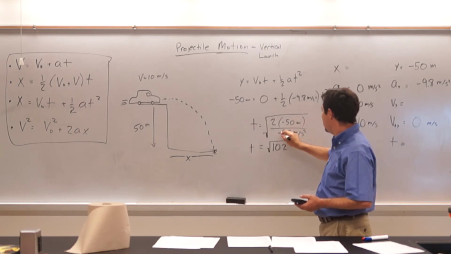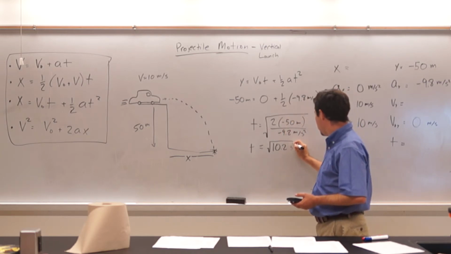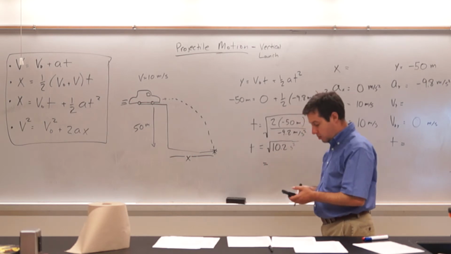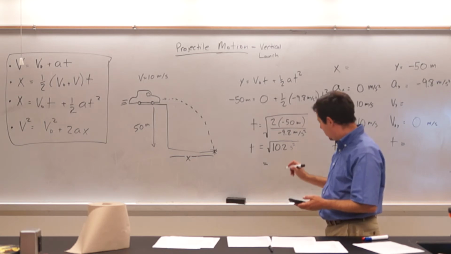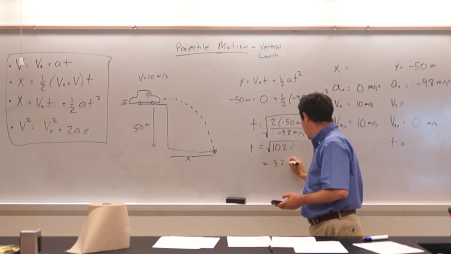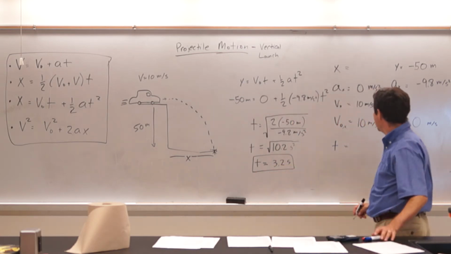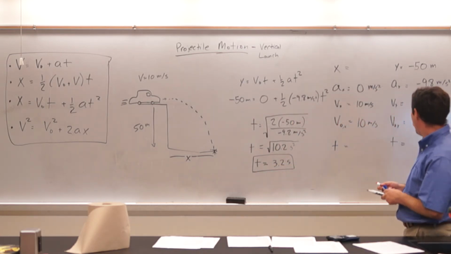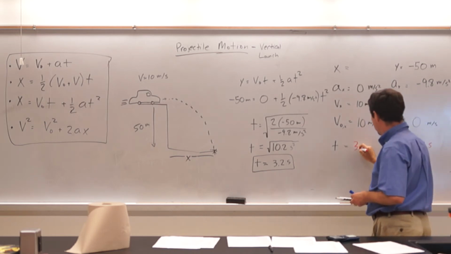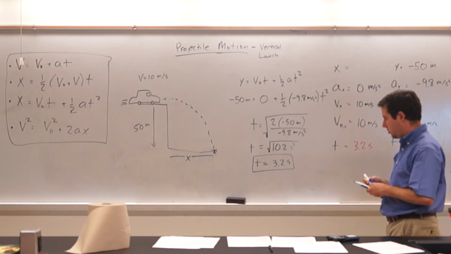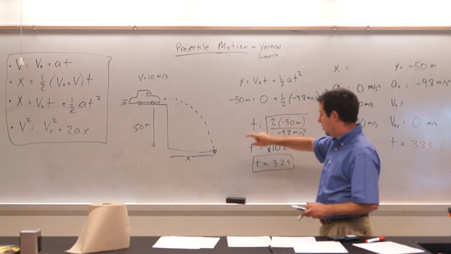The signs work out too, those two signs cancel each other out. So you get the square root of 10 seconds squared. So the time is equal to 3.2 seconds. Good deal. So we know it takes 3.2 seconds to hit.